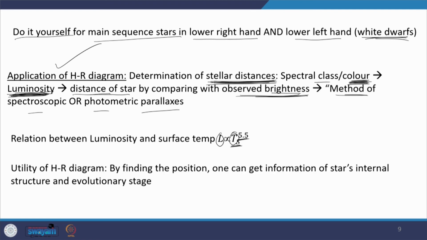And the utility of the HR diagram is, as I said, by finding the position of a star, one can get information about the internal structure of the star and how the star will evolve. Stellar evolution is one of the important objectives of this course, right? How will the star evolve? It will go to a red giant or it will go to a white dwarf. It is easy to guess if you understand the HR diagram.